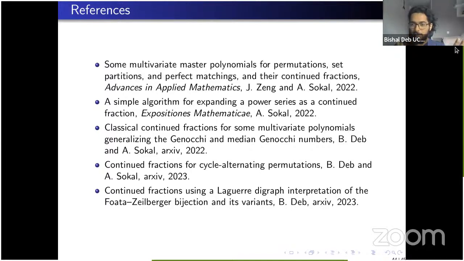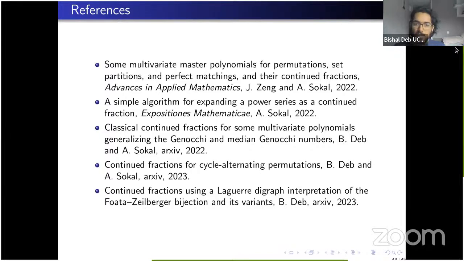Once we have experimentally found continued fractions, we know that they should be in bijection with some sort of paths. If you have a J fraction, that's Motzkin paths. If you have an S fraction, that's Dyck paths. And if you have Thron type continued fractions, that's Schroeder paths. And then we construct bijections onto those paths.